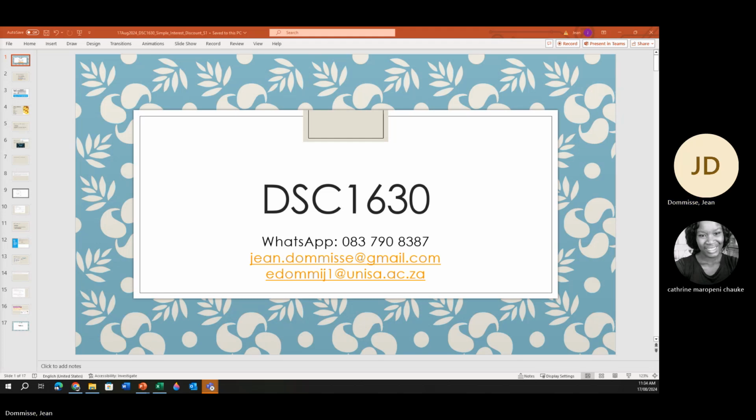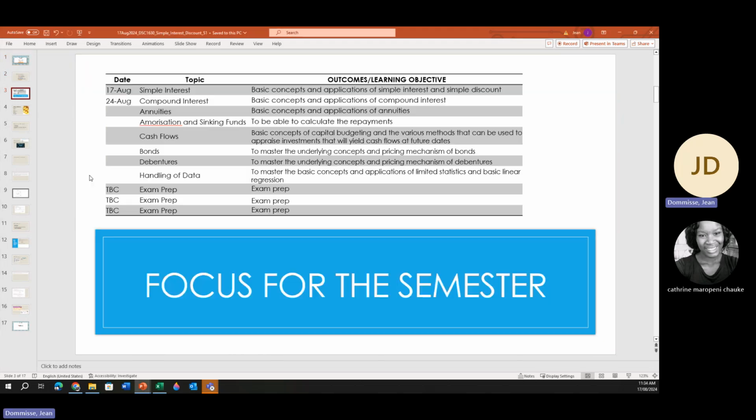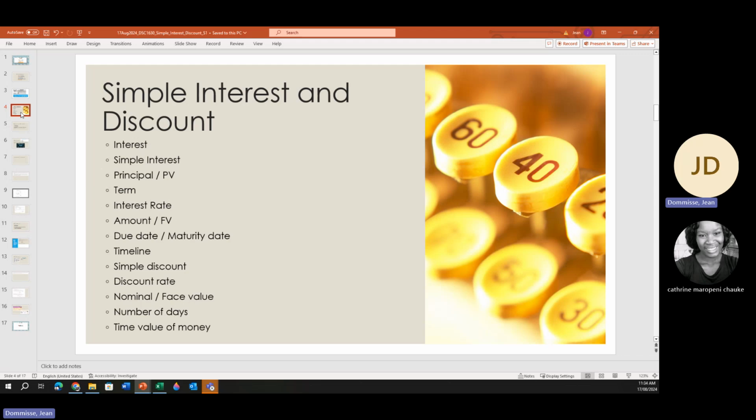So basically today, I just want us to concentrate on simple interest. So we will look at simple interest, simple discount. Then the next session will be on compound interest.